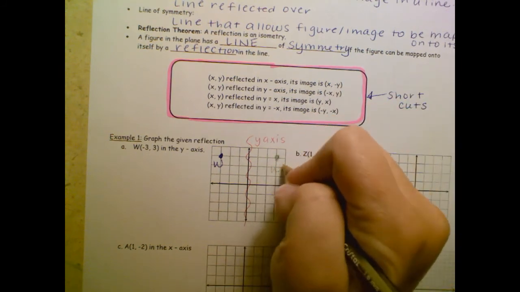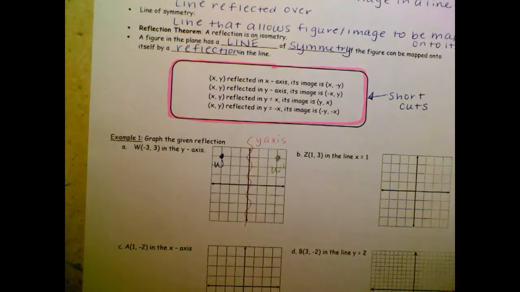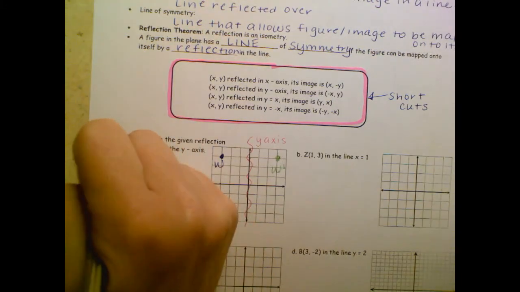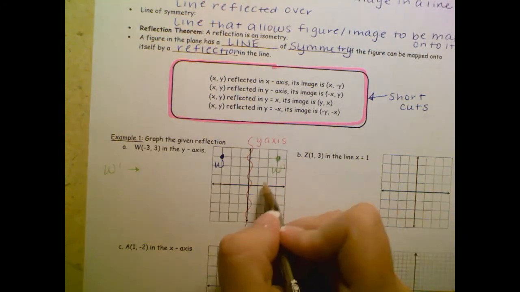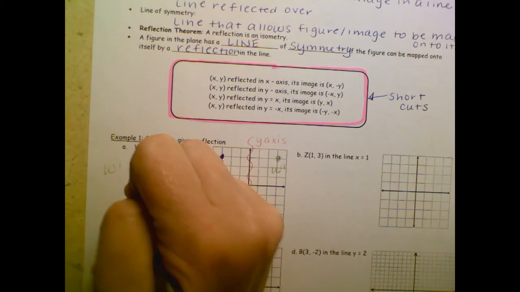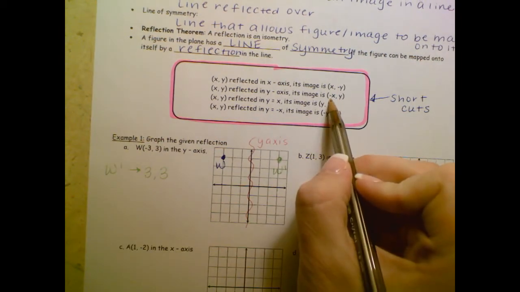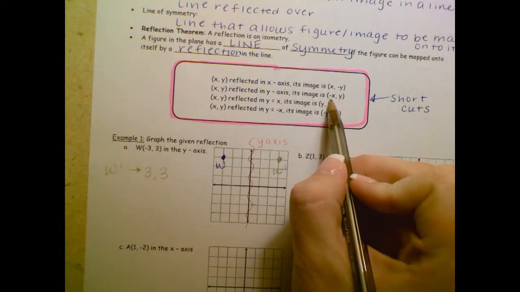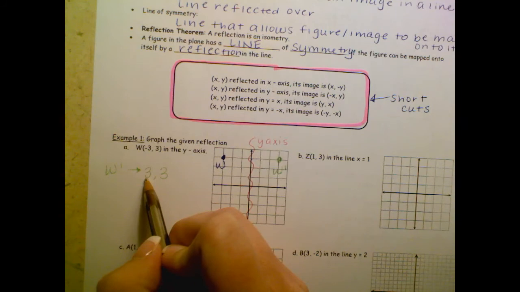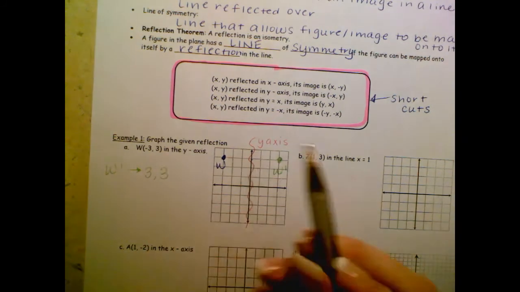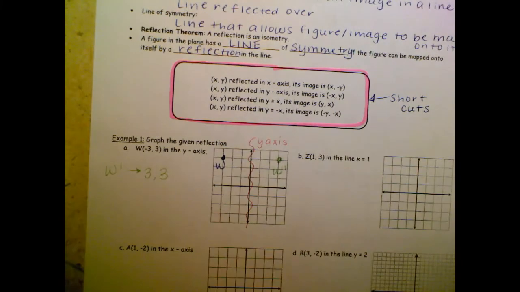We call this W prime. So W prime is positive 3, 3. By doing the shortcut, because it's the y-axis, I just did the opposite of x. X was already negative, so the opposite of negative is a positive x, and the y stays the same. So either by counting over or by doing the shortcut.